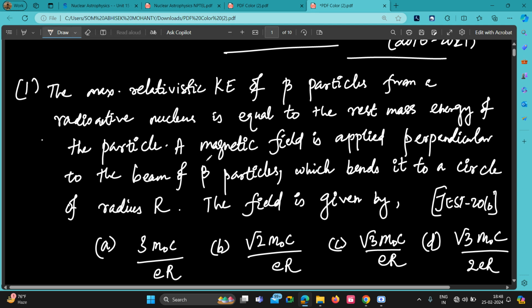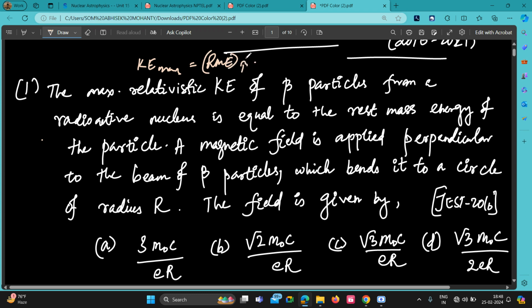The maximum relativistic kinetic energy of beta particles from a radioactive nucleus is equal to the rest mass energy of the particle.